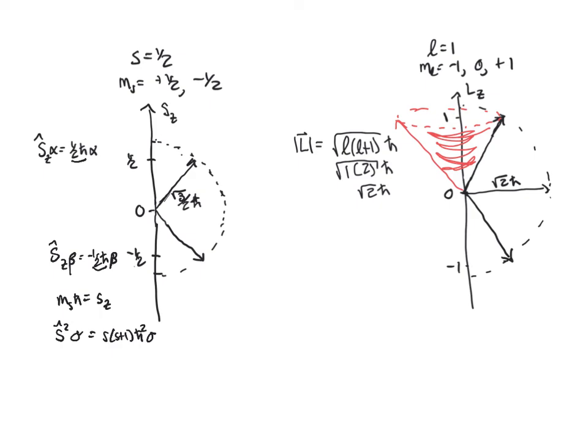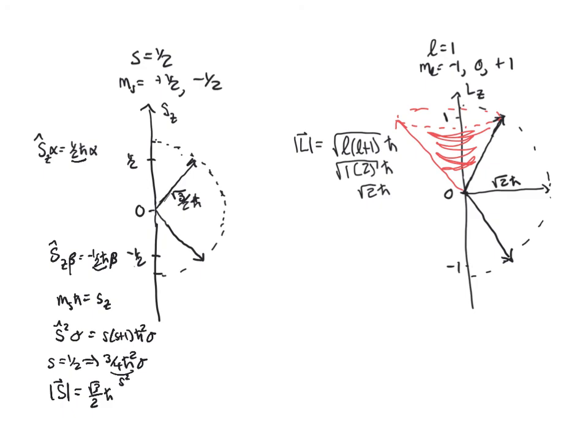So if s is equal to 1/2, then we have 1/2 plus 1 is 3/2 times 1/2 is 3/4 h bar squared times sigma. And so the length of this vector is the square root of s squared. And so the length of this vector is square root of 3 over square root of 4, which is 2, times h bar.